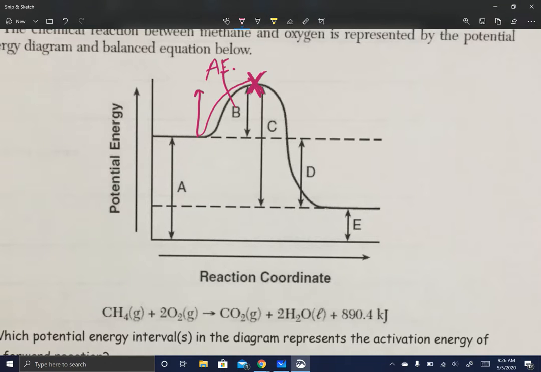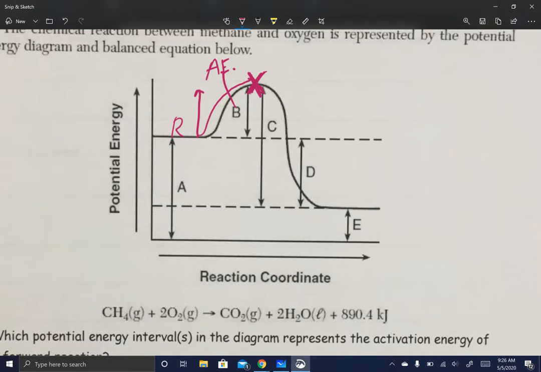Letter C here is the activation energy of the reverse. Going from the reactants up to the top is the activation energy of the forward: the amount of energy that needs to be given to the reactants to get to the top to start doing effective collisions with the proper orientation and all the stuff we talked about.